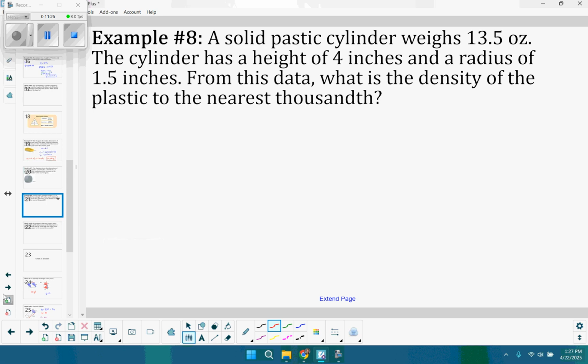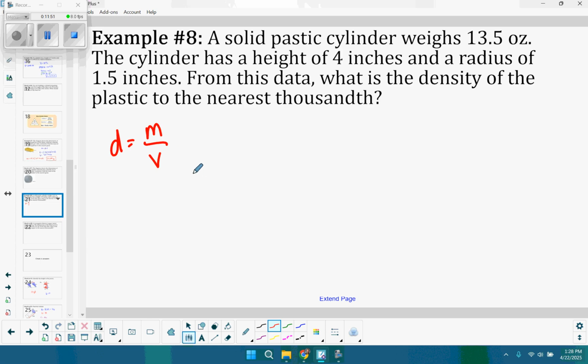In example 8, a solid plastic cylinder weighs 13.5 ounces. The cylinder has a height of 4 inches and a radius of 1.5 inches. From this data, what is the density of the plastic to the nearest thousandth? So again, 3 decimal places later on. We know for density, it's going to be mass over volume. Once again, we're given our mass, but we are not given a volume of any sort.